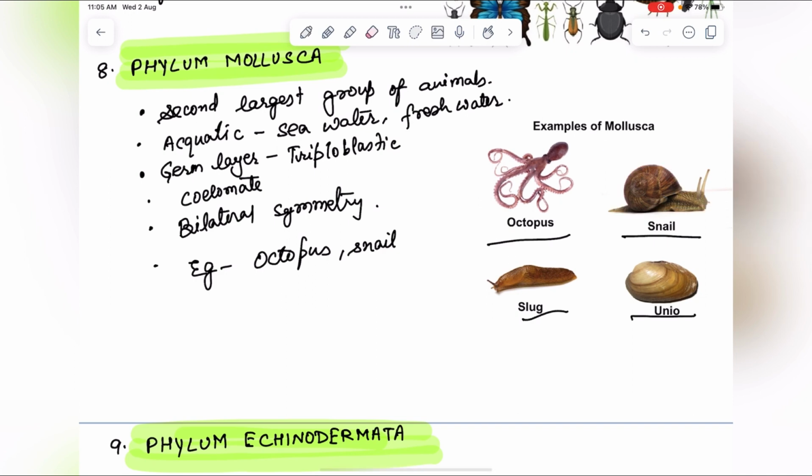These animals will have a soft unsegmented body with a hard calcareous shell that protects the soft body. They have a muscular foot to help them in locomotion, and the shell is made up of calcium carbonate.